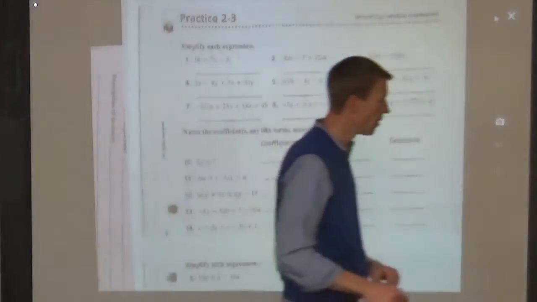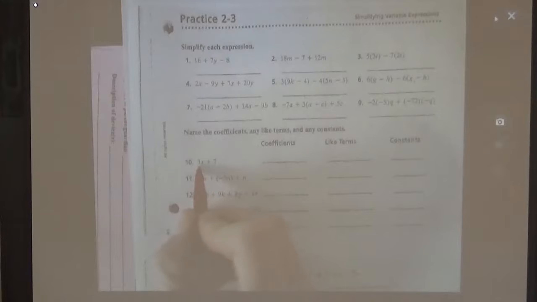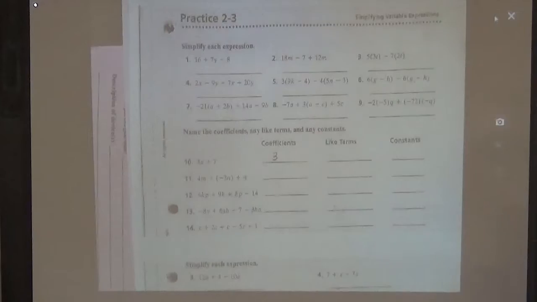So the coefficient for number 10, Jacob? The coefficient for number 10 is 3. That's what you write. Number 3 says name the coefficients.